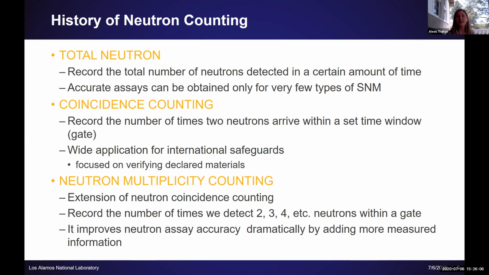So you can imagine that this problem gets really hard really fast. The more you're looking for, triplets or 4 neutrons, 5 neutrons within some time window, the more your efficiency problem comes into play. There are applications really well suited for neutron multiplicity counting, but as a result of this efficiency challenge, coincidence counting is still the much more widely used, more popular method.